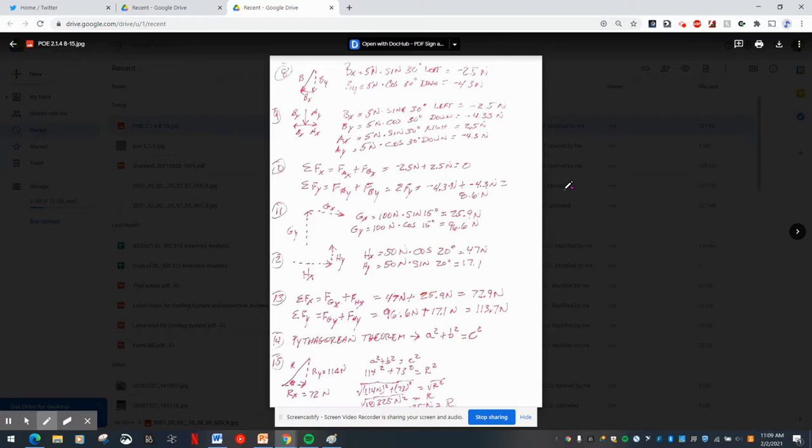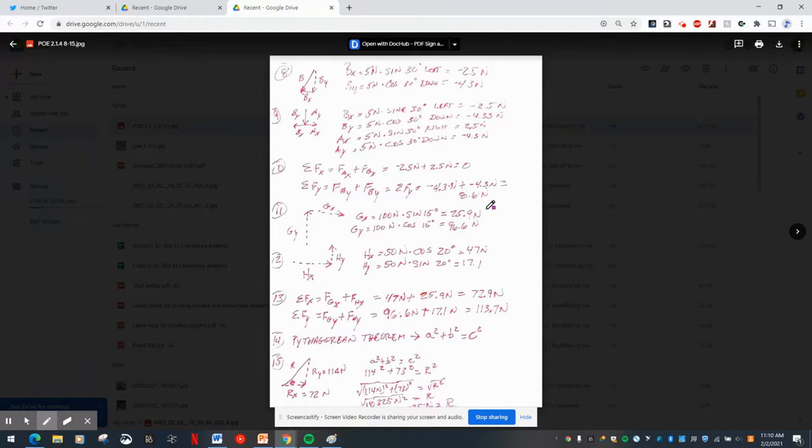All right, so that's how that goes. Number 11, we're almost done here. So we have GY going in a positive up direction, and GX going in a positive right direction. And GX is equal to 100 newtons times the sine of 15 degrees, which is equal to 25.9.